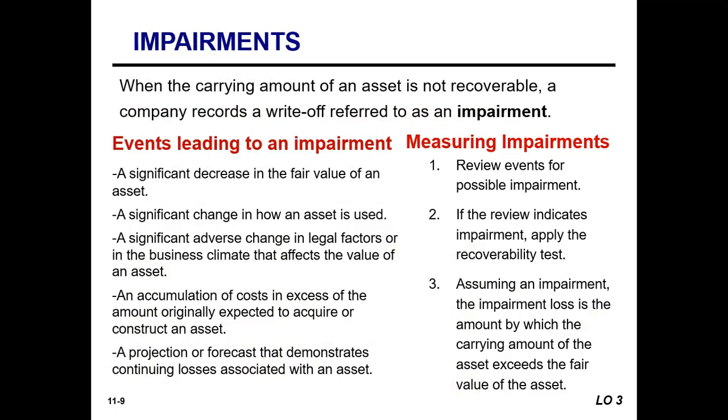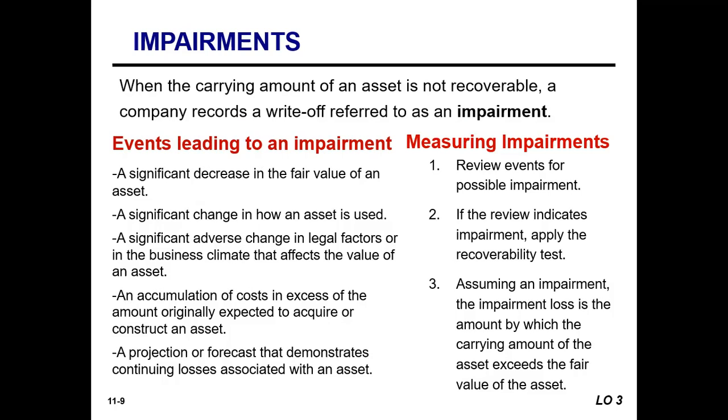Some of the events that may lead to an impairment: a significant decrease in the fair value of the asset, a significant change in how the asset is used, a significant adverse change in legal factors or in the business climate that affects the value of an asset, an accumulation of cost in excess of the amount originally expected to acquire or construct an asset, a projection or forecast that demonstrates continuing losses associated with an asset. And some of the ways that we can measure impairment.